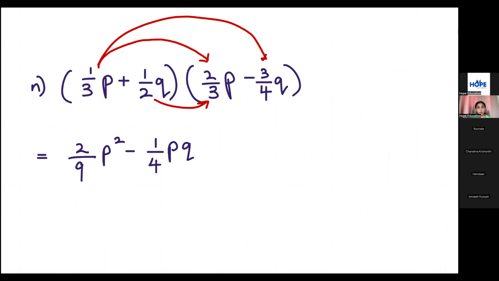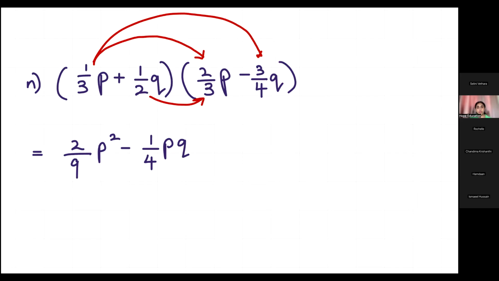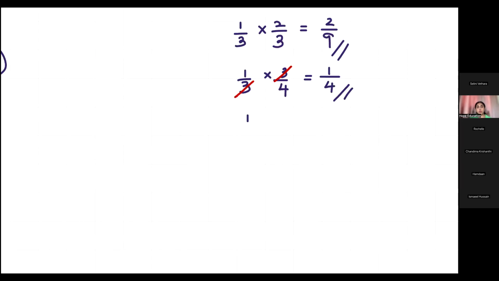Okay. Then this and this. Fraction multiply. Here the fraction is 1/2. Here the fraction is 2/3. 1/2 multiplied by 2/3. Here also we can see the 2 and 2 cancel. So on the top we have 1.